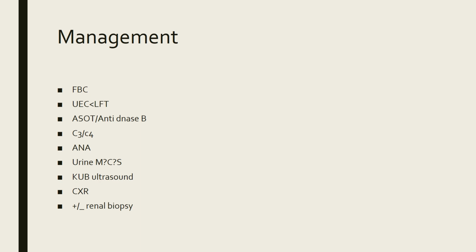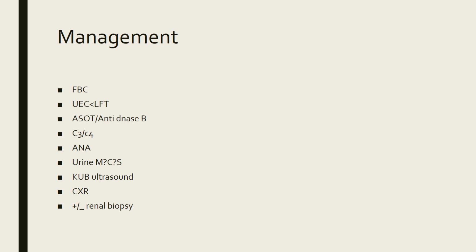Other reasons to do it are to check for things like pulmonary edema, although you can diagnose that clinically. And then you may need to do a renal biopsy. I'll talk a little bit later about the indications for doing a renal biopsy. We rarely ever do renal biopsies for patients with post-strep glomerulonephritis, but a bit later we'll discuss some of the reasons why we might have to.